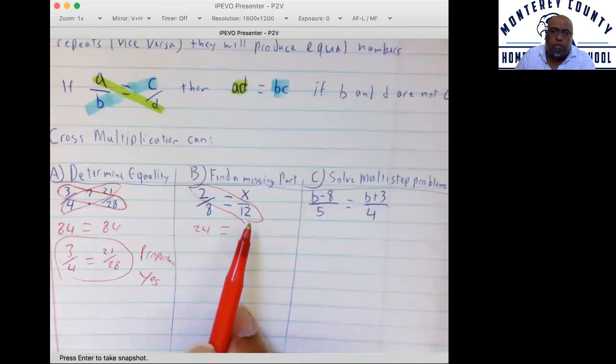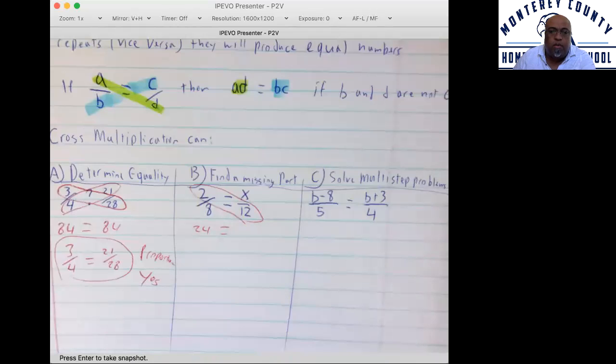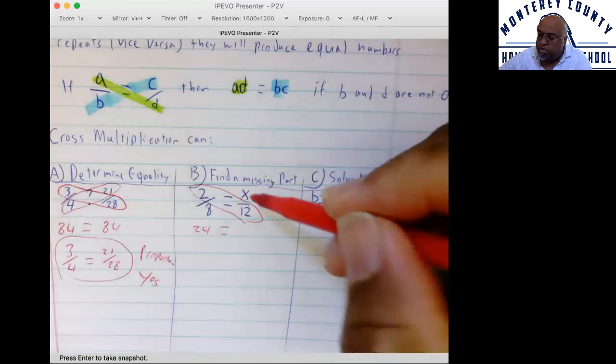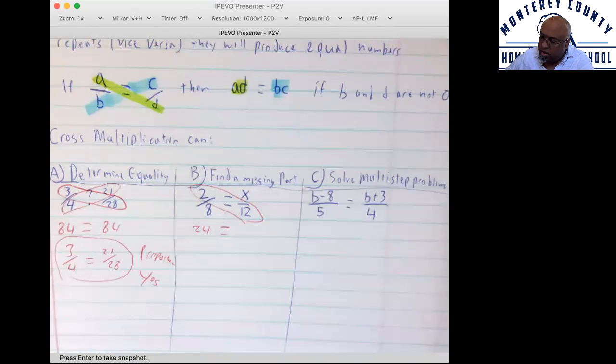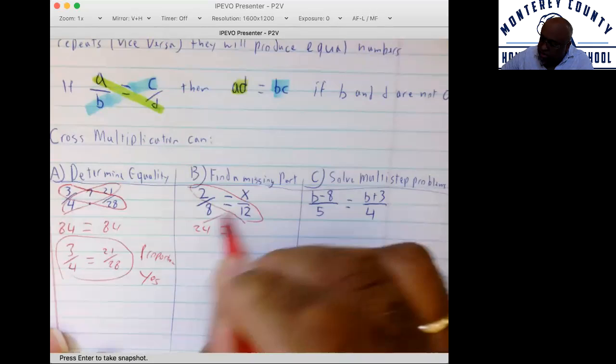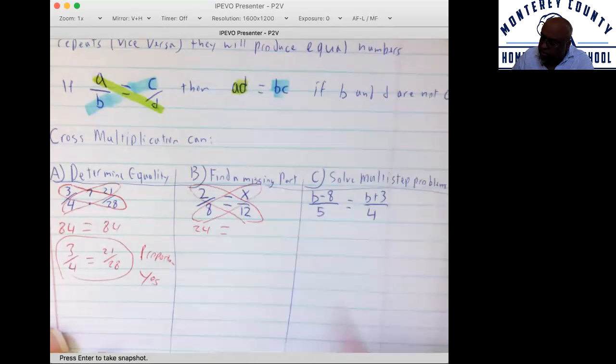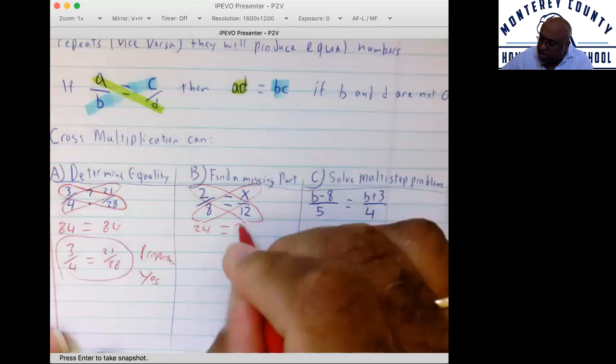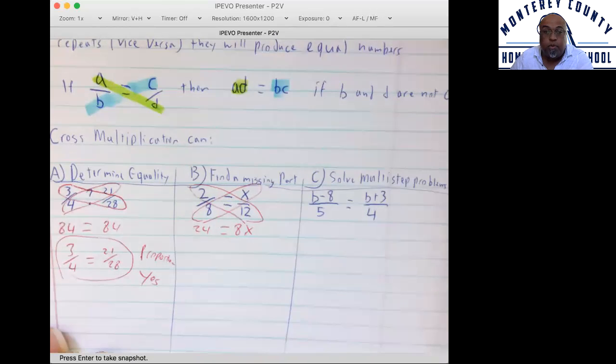We already know that there's a proportion there. But that's not what we're missing. What we're missing is the value of this part of the proportion. What is x? So 8 times x, since I don't know what x is, I'm just going to write 8x. Okay, so 24 is equal to 8x.